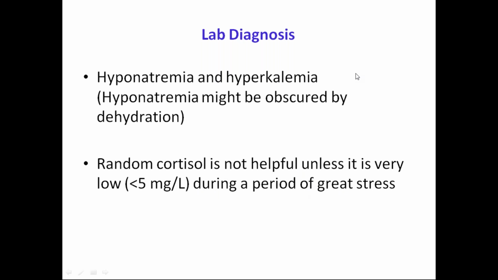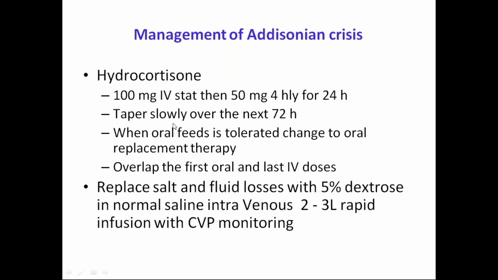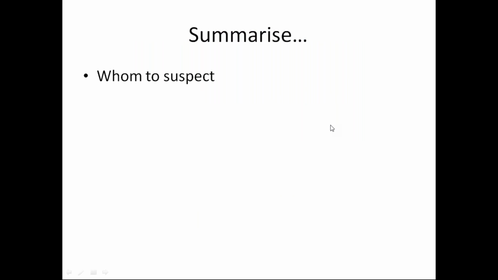So management of Addisonian crisis includes hydrocortisone: give 100 mg IV stat, then 50 mg four hourly for 24 hours, taper slowly over 72 hours. So first give the 100 mg, then 50 mg four hourly for 1 day, then taper slowly. Replace salt and fluid loss with 5% dextrose in normal saline. So whom to suspect?